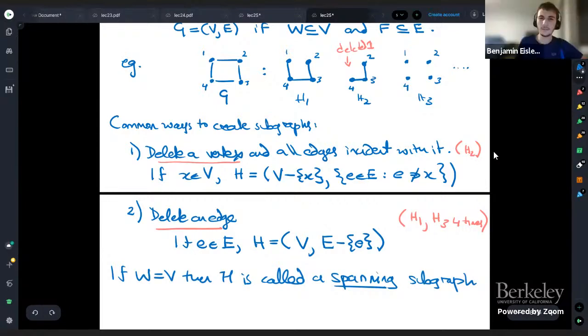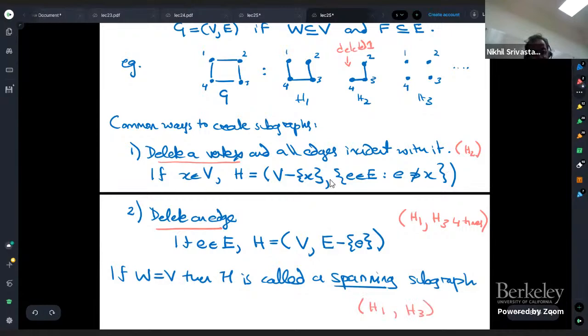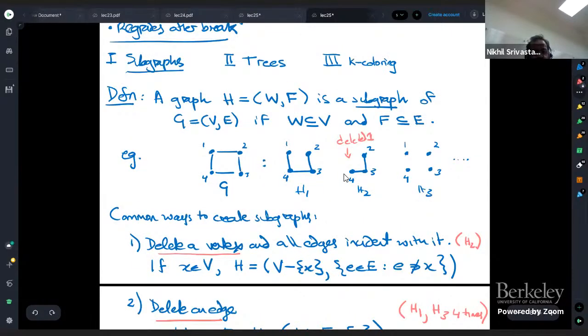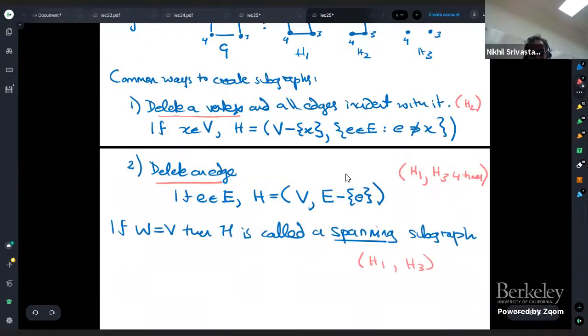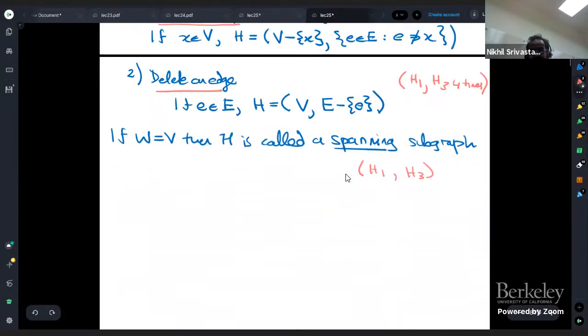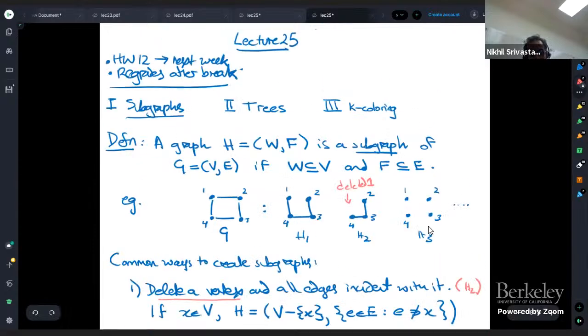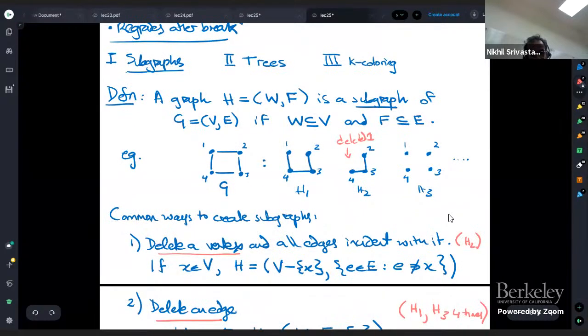All except H2. Yeah, H1 and H3, because they have the same set of vertices, except in H2, I deleted a vertex. Okay, so this is a very common way to come up with subgraphs of a given graph. And we're going to use this in a bunch of proofs coming up.